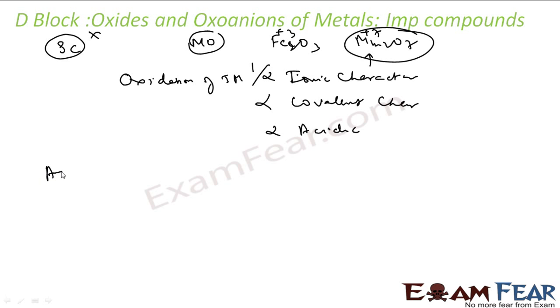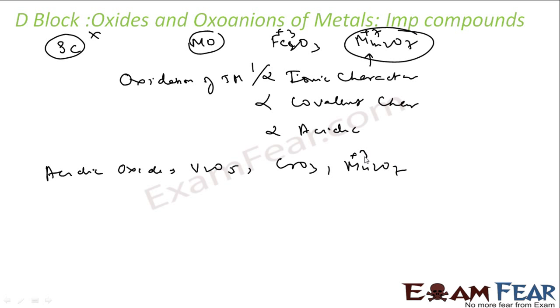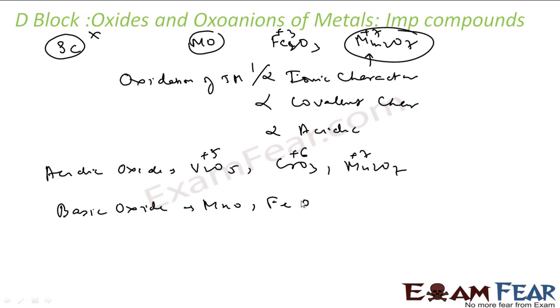We have seen a lot of acidic oxides. For example, V2O5 is an acidic oxide, CrO3 is an acidic oxide, Mn2O7 is an acidic oxide. In all these, the oxidation states are pretty high. If we talk about basic oxides, the oxidation state is pretty low. For example, MnO, FeO, or VO, all +2, and NiO, also +2.